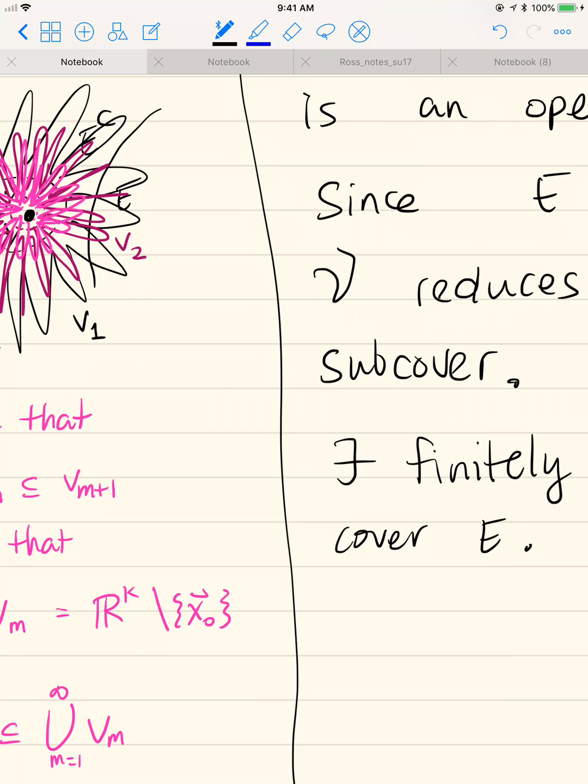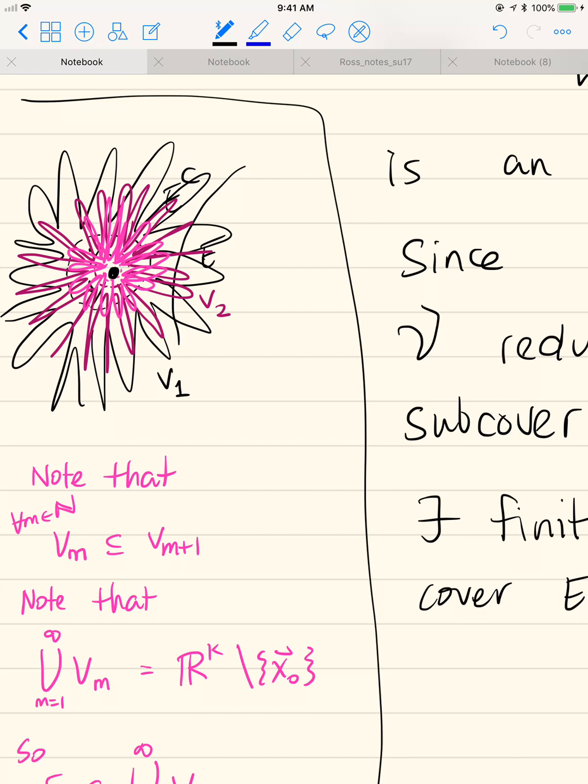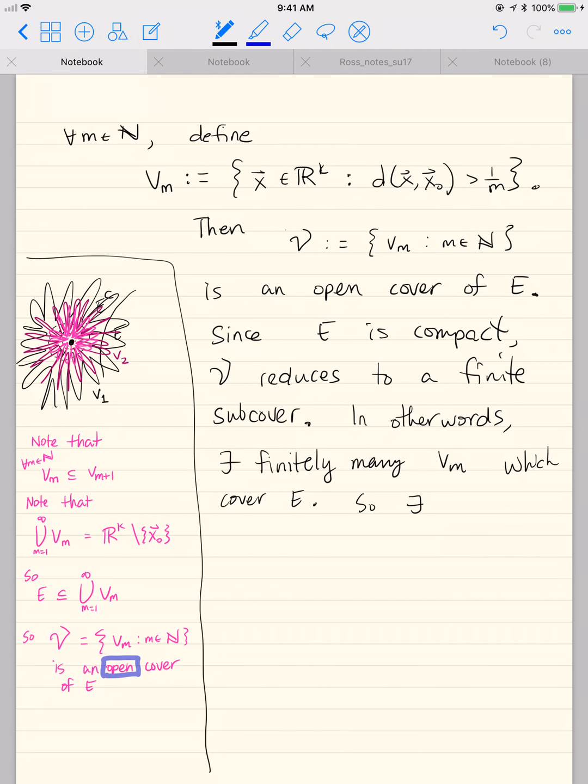Since there are finitely many, that means we can take, because they're nested, some m naught such that E is contained in V sub m naught. Because these V sub m's are nested. Remember, that's the set of x in R^k such that the distance between x and x naught is bigger than 1 over m naught.